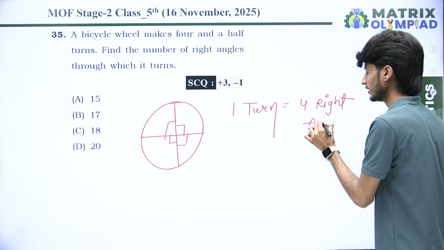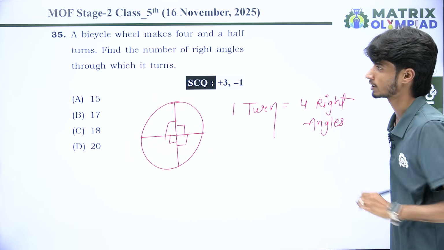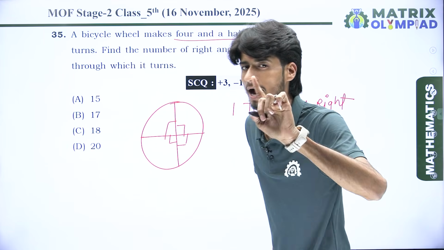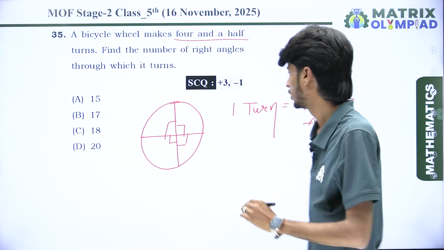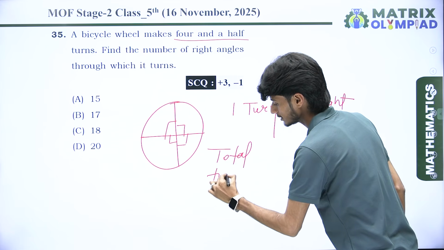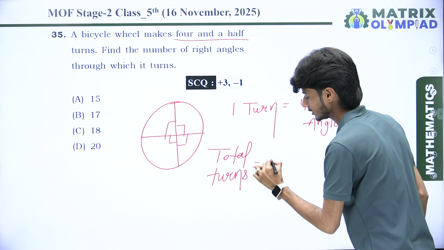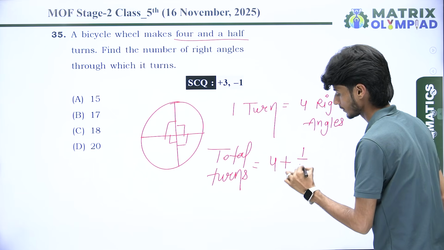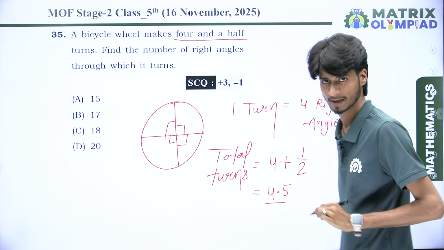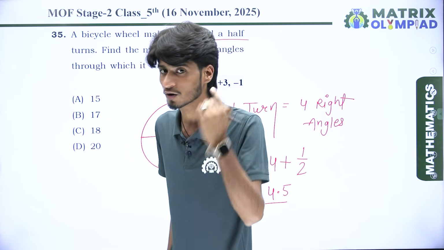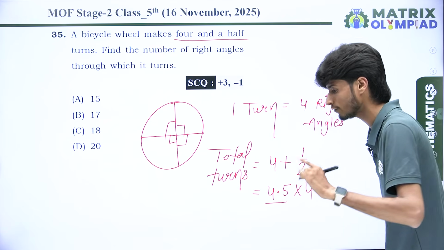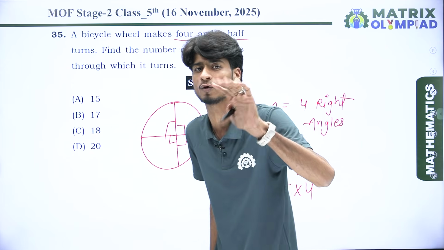4 right angles. So look, the wheel makes 4.5 turns. That means 4 plus half. So total turns according to the question, 4 plus half, which is equal to 4.5. Yes or no? And we want to find the total number of right angles. Then we multiply it by 4, because in one rotation we have 4 right angles.